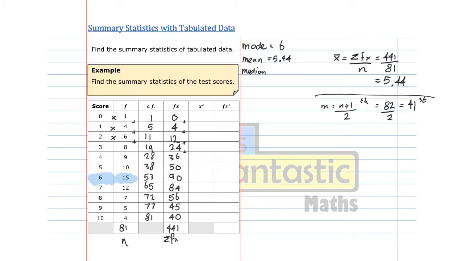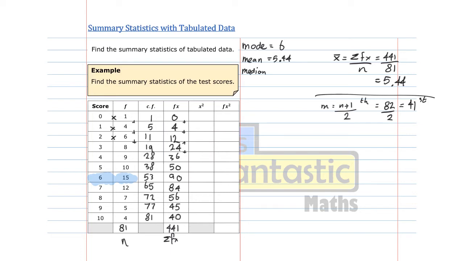There it is. And we should be able to find that the total number of numbers and the last CF, they should be the same, which they are. That's perfect. So what we're looking for is the 41st number. And so in this CF column, we're going to look for the first CF that is larger than 41.